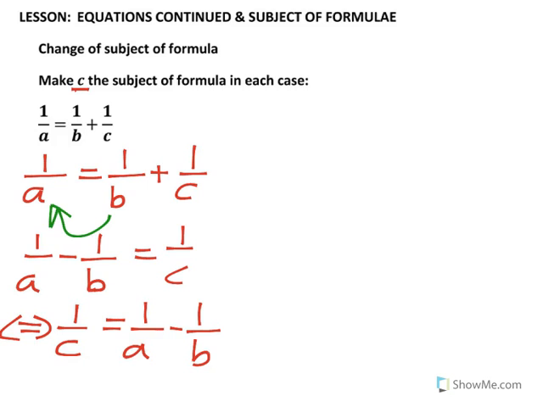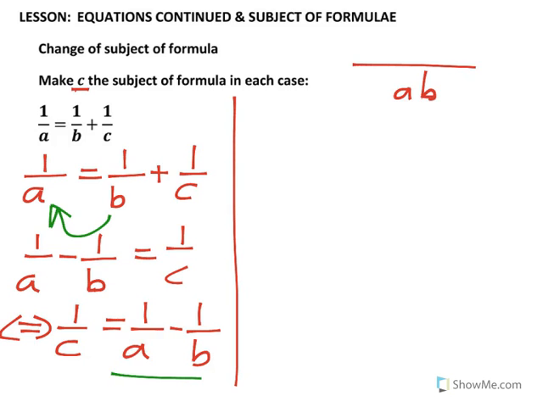Why am I doing that? It's common to always work with what you want on your left hand side. Now, since c is now on the left hand side, we can go on and try to solve this fraction. In this fraction, the common denominator is ab.